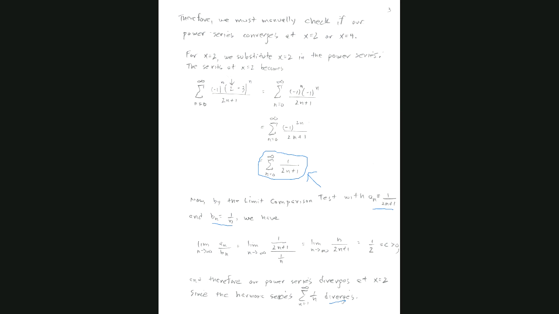And since the harmonic series diverges, 1/2 times the divergent harmonic series would also diverge. I mean, 1/2 times infinity is infinity. So this means then that x equals 2 is not included in the interval of convergence.